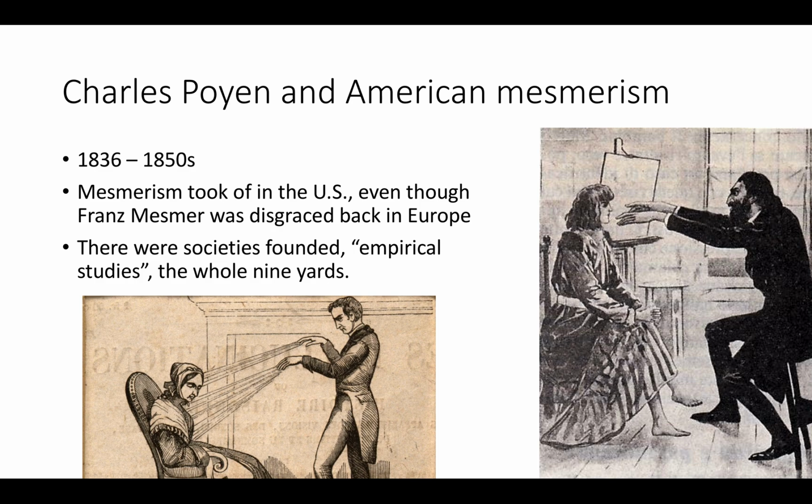You could just hover your hands around them. Because after all, if there's animal magnetism in the patient, there's animal magnetism in everyone, including the doctor. The doctor could use his own or her own animal magnetic forces to interact with the patient's magnetic forces. So you don't even need the magnets. You can just hover your hands over people and cure them.